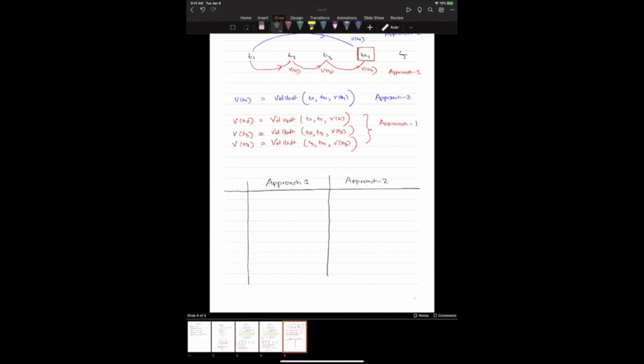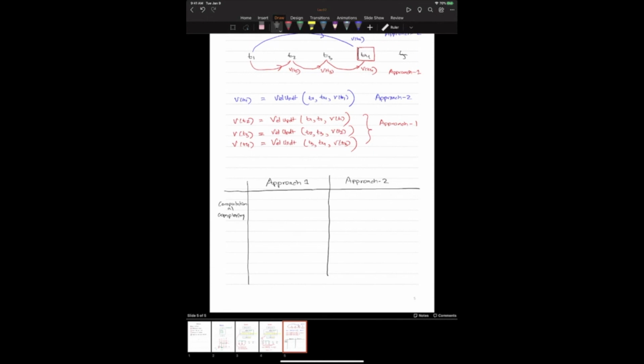What can we say about computational complexity? Now, approach one, you had to do three steps.